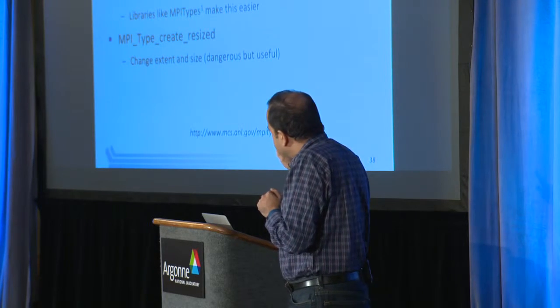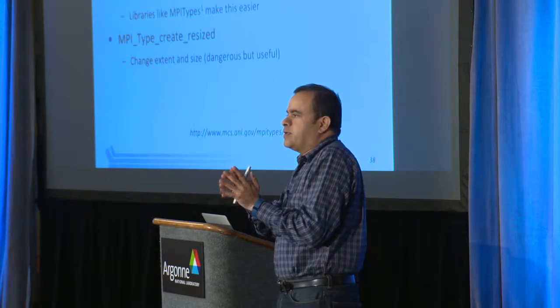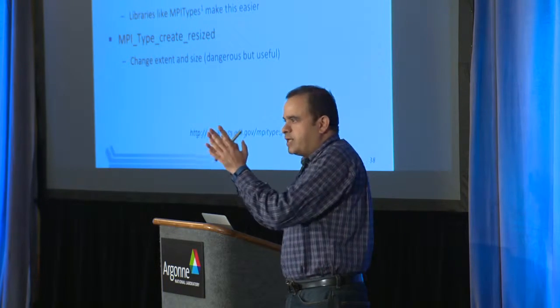Another function, which I would say is more for advanced users, is MPI type create resized. This function can change the size and extent of the data type. So it's useful, again, more for library writers than for users. I can just tell you the basic idea here. Data types have something called a size and an extent.